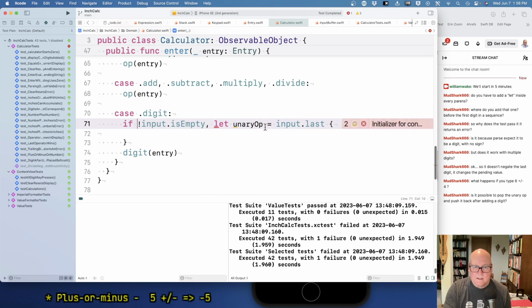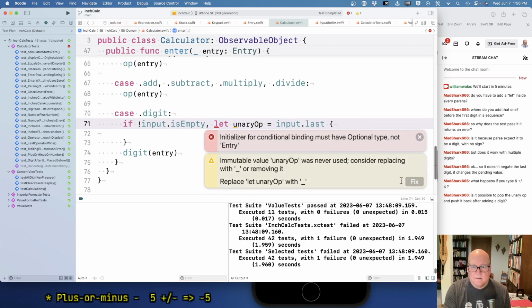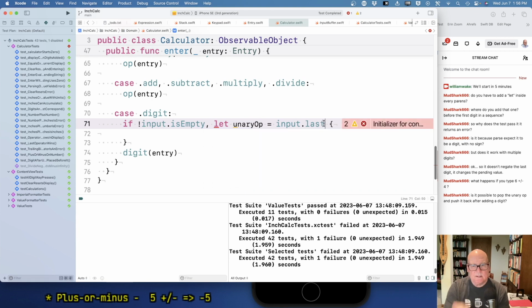If the input is not empty and, oh man. Input last is an entry.